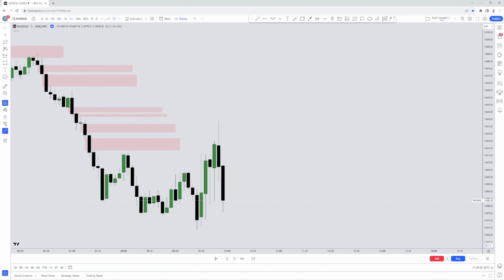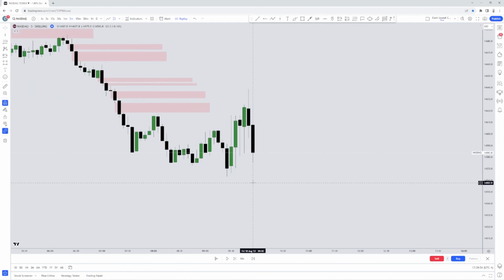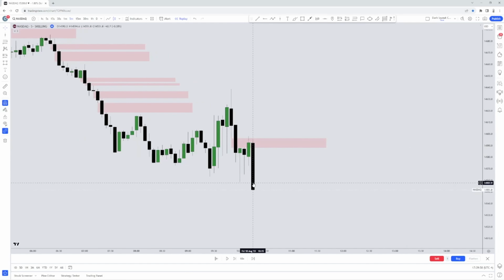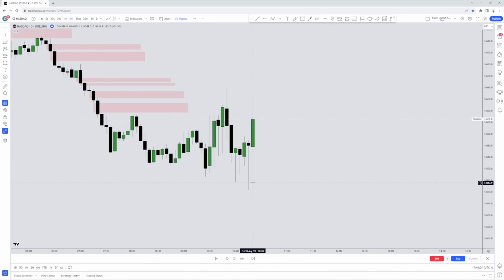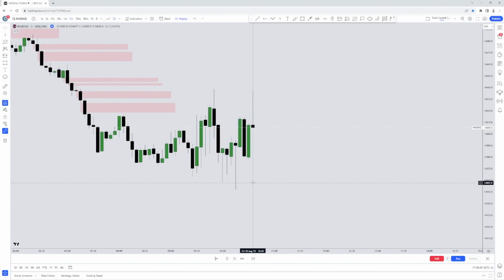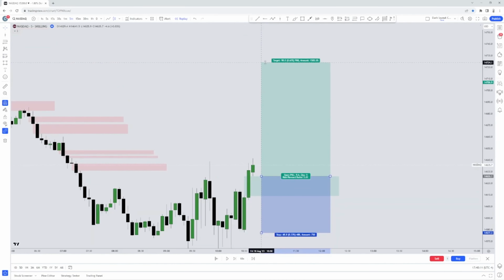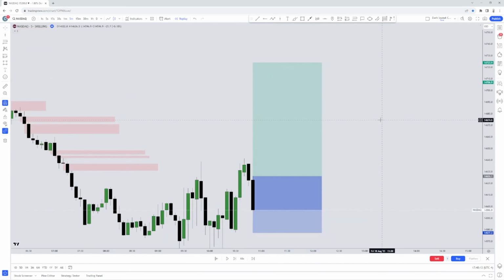10 is here, guys. Now we have 10 o'clock. Let's move forward and wait for an FVG. Here is our FVG, pending order, stop loss, 2 to 1. Let's go. We are in the trade.